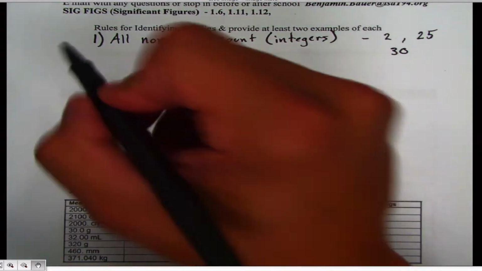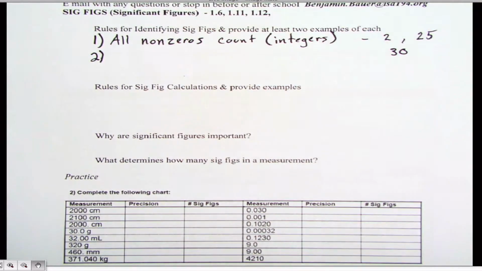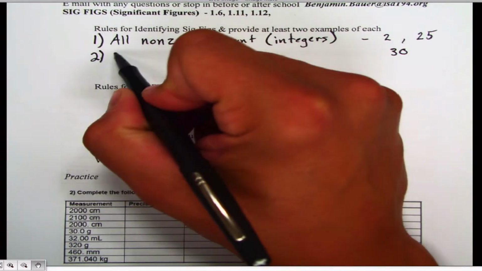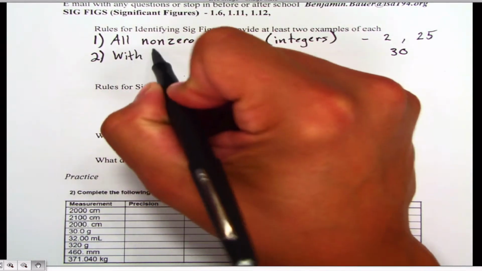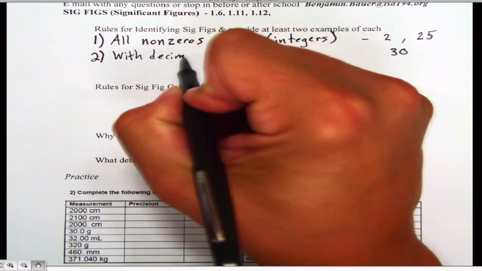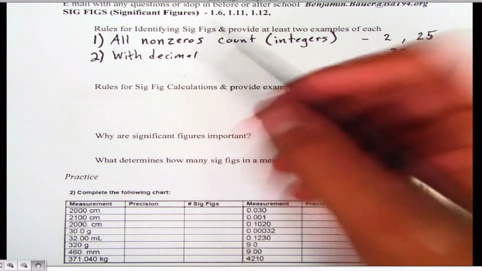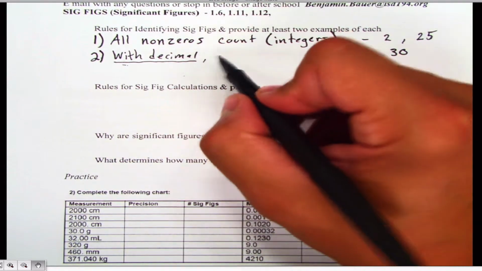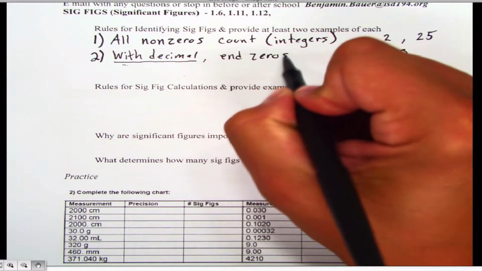All right, second rule. With a decimal, there has to be a decimal. Keyword, with a decimal. And end zeros count.